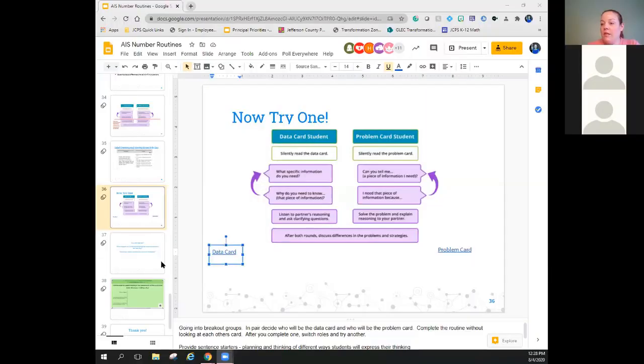I don't see anything blue on the side. Let me share my screen. So you're on slide 36? I'm on slide 36. And you see the data card here, where my cursor is? I'm getting nothing but card 36. Do I need to come out of this?